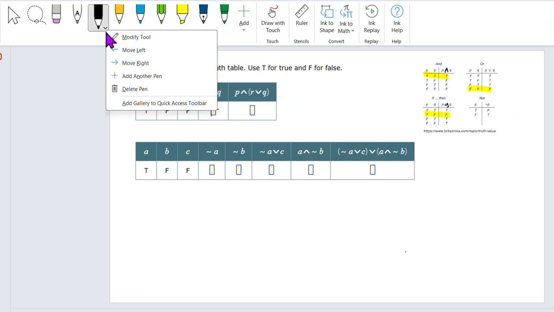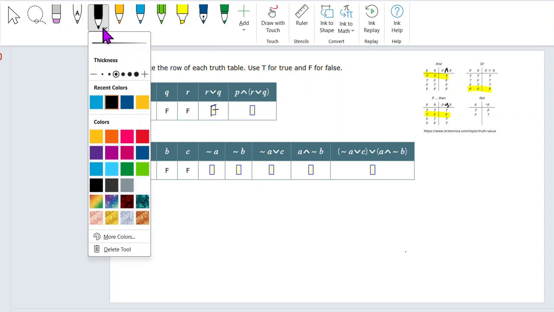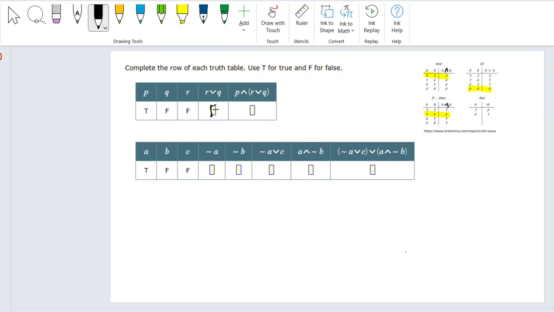Let me make this just a little bit heavier so that you can see it better. Okay, so now we need to take this one and P, and it's asking the question and. So if true and false, and we look over here, true and false is false. And we've completed that one.